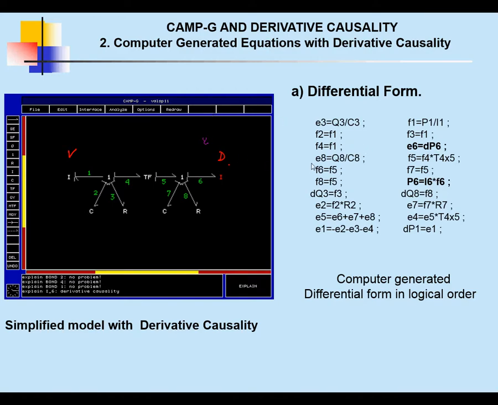So if we write the differential equations of this bond graph model, you're going to see two significantly different equations that we would not have obtained otherwise. That is that E sub 6 is dp6 and P sub 6 is I6 times F6.